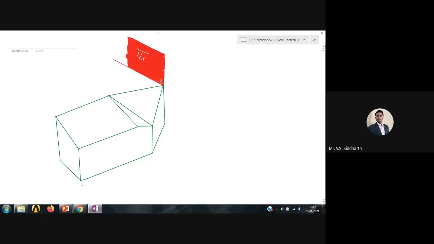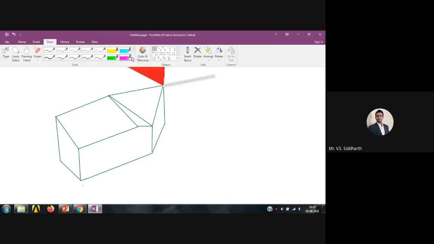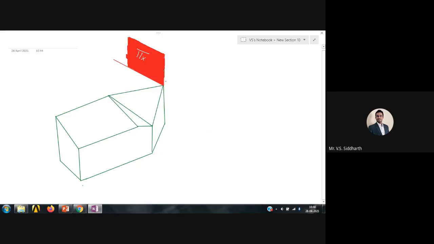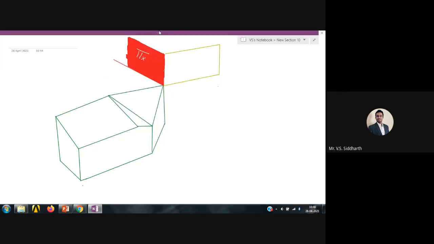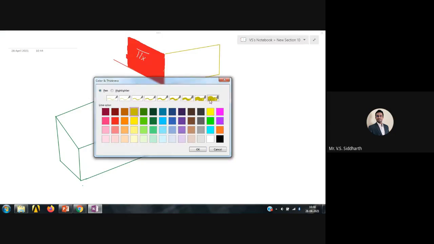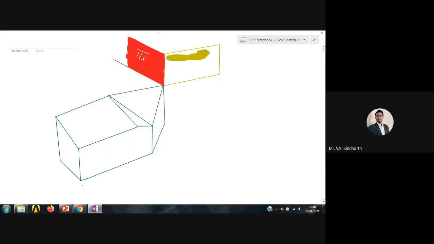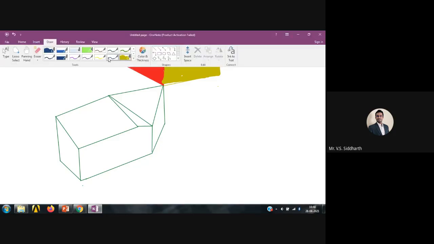Now, if I draw a plane, this, and if I fill it with color, what plane is this?